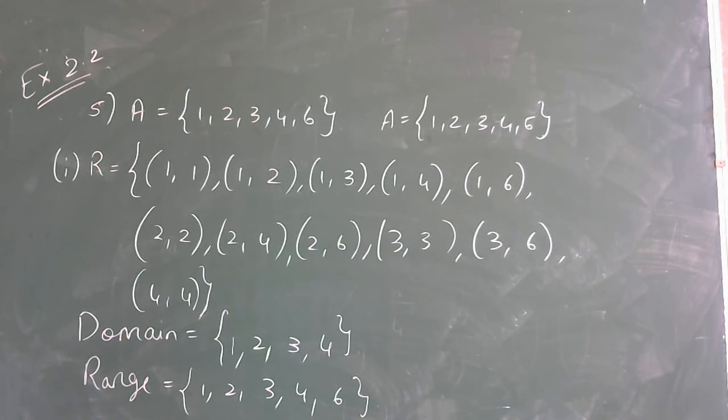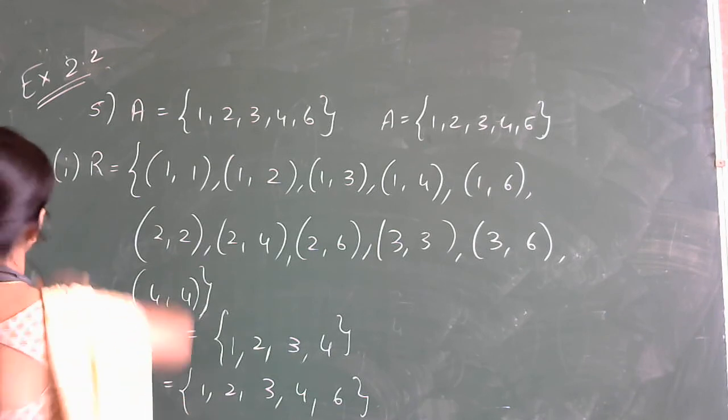Now next question is very easy. I want you all to do it. They have asked us to determine the domain and range of the relation R defined by R equals (x, x plus 5) where x belongs to 0, 1, 2, 3, 4, 5. So let me do it.